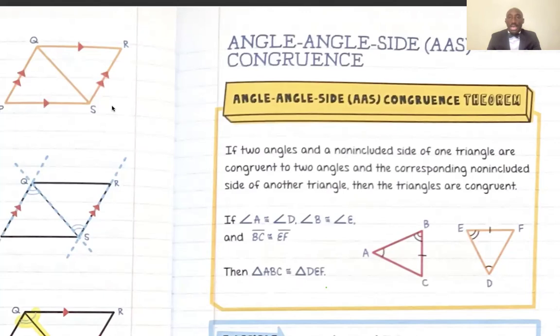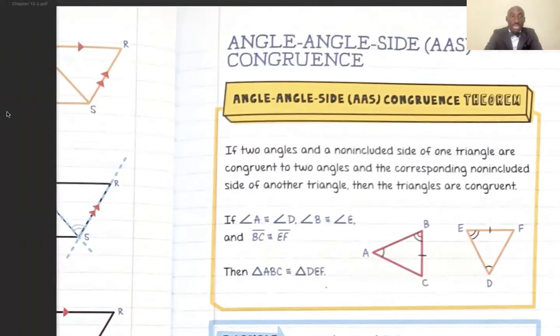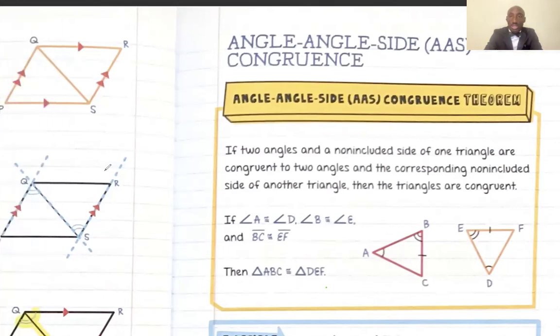So the angle side congruence theorem: if two angles and a non-included side of one triangle are congruent to two angles and the corresponding non-included side of another triangle, then the triangles are congruent.